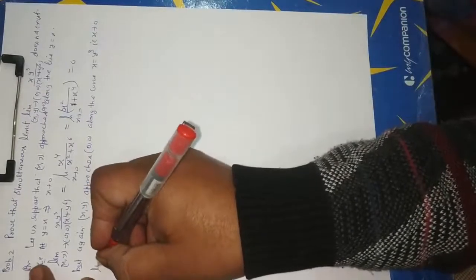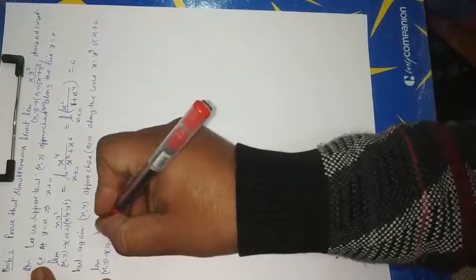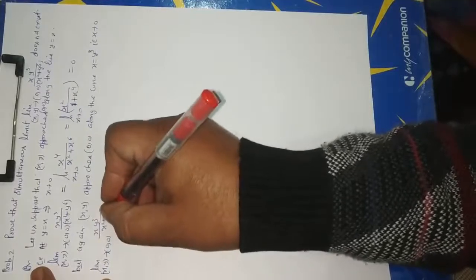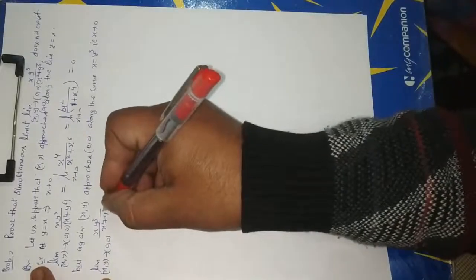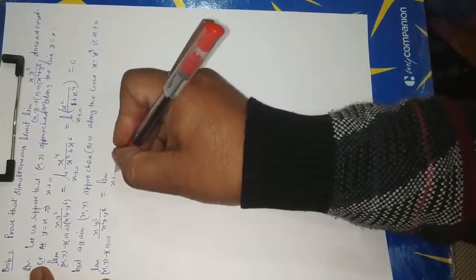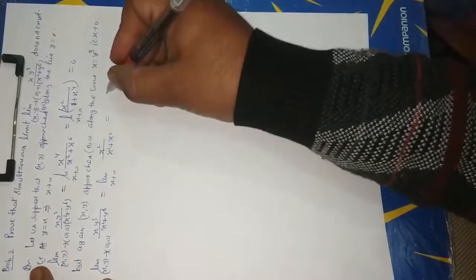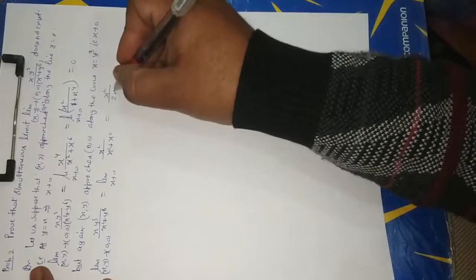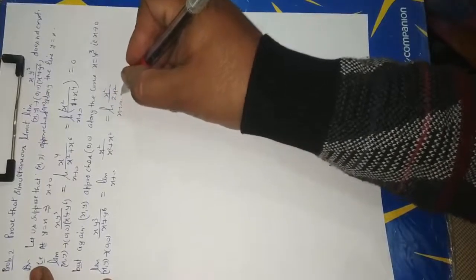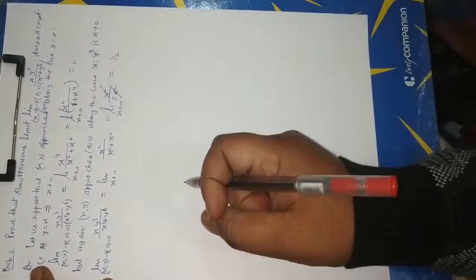Now we can write limit (x, y) tending to (0, 0) of xy³ upon x² plus y⁶. Now limit x tending to 0 along y³ is equal to x, that is x². Now x² plus x², this is equal to x² upon 2x². Now limit x tending to 0. Now x² cancels with this x², and this is equal to 1. This is independent of the value of x.